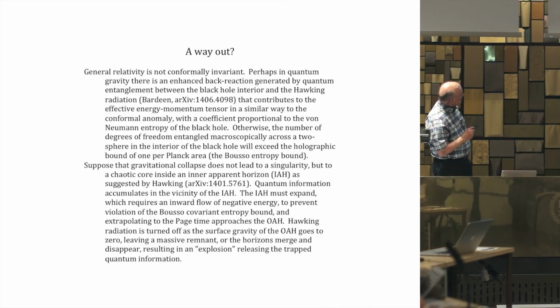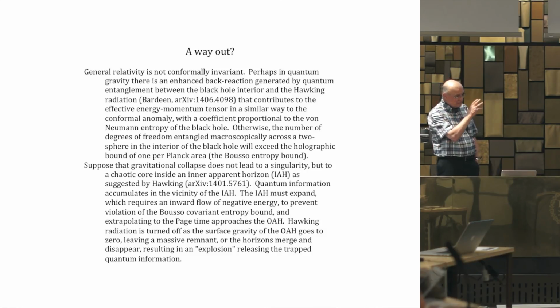And then by the Page time it approaches the outer apparent horizon. So now at that point, you end up with still a horizon, but a degenerate horizon, and the quantum information stays trapped, but the degenerate horizon has zero Hawking temperature, so the Hawking radiation turns off.